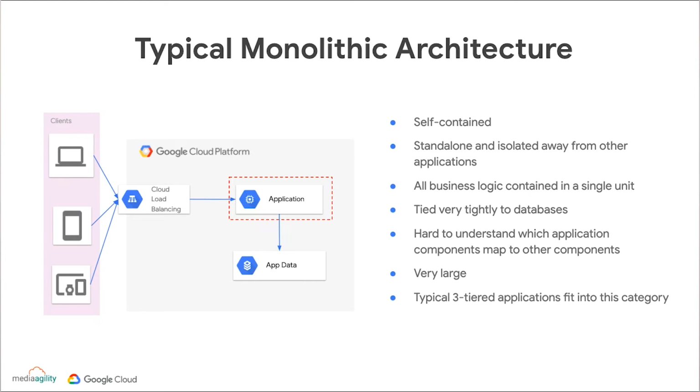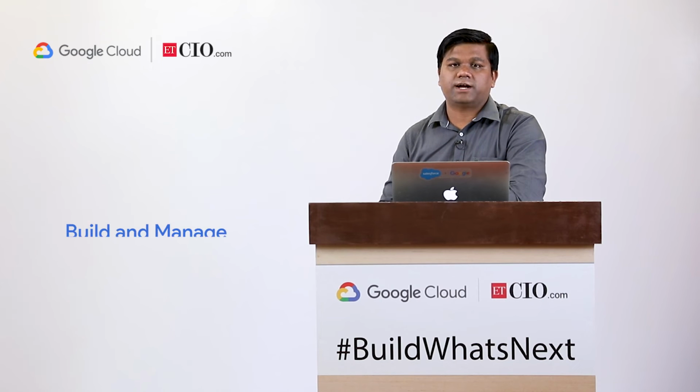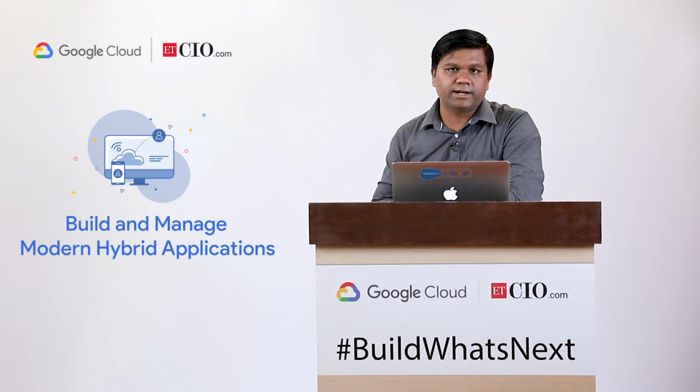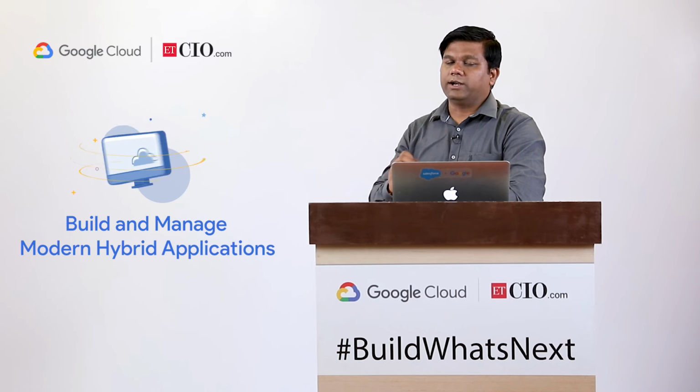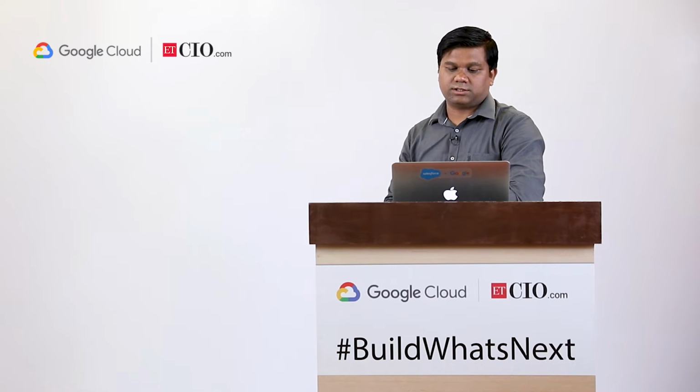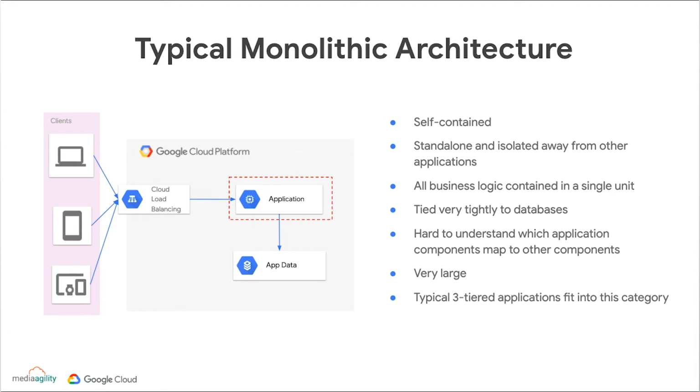Self-contained, standalone and isolated away from other applications, all business logic contained in a single unit. This is the most critical factor. If one single unit fails, my whole application goes down. Today we are not designing applications for such features. Tied very tightly to databases.